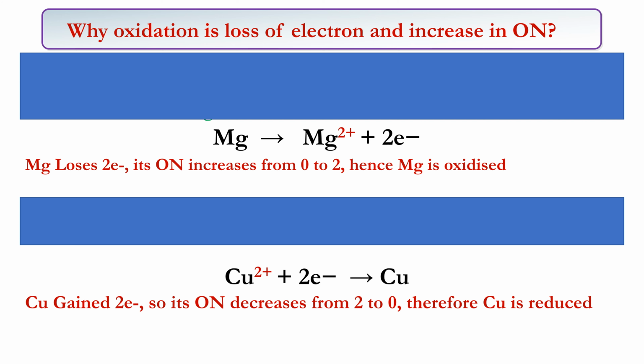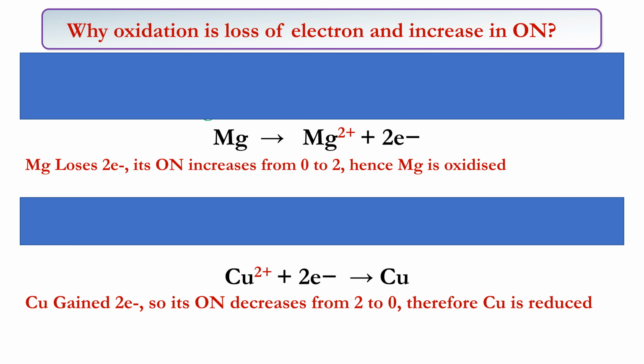We already said that oxidation is loss of electrons, and that when electrons are lost, there is an increase in oxidation number. So why is it so? The reason is that oxidation is the loss of one or more electrons by an atom, and when an atom loses one or more electrons, its oxidation number increases, and that element is oxidized.